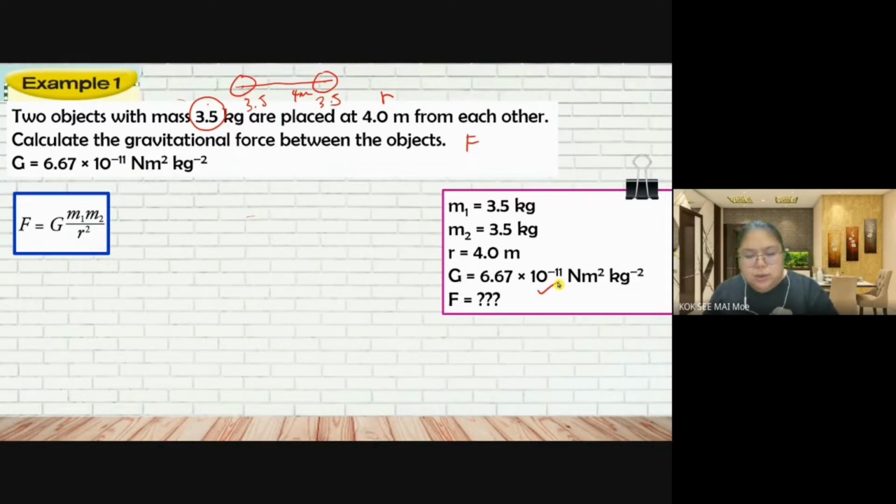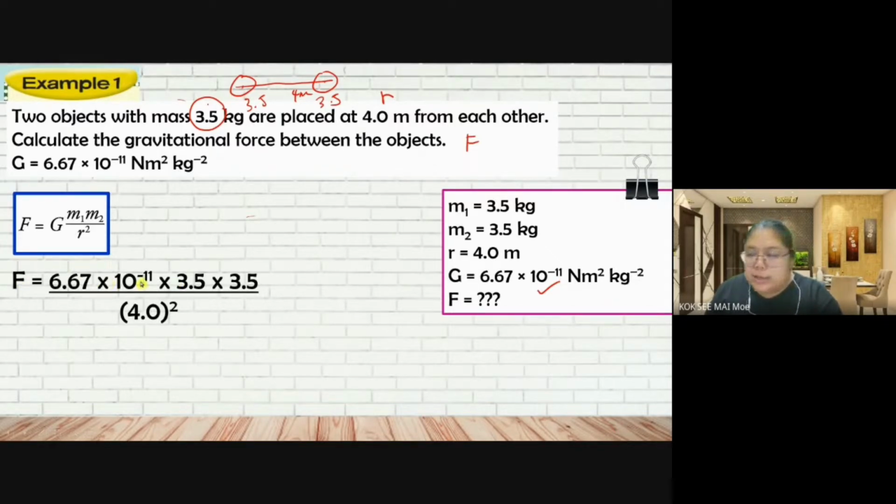I think this is your question paper, example question 1, you can write from there. I show everything here, the calculation, 3.5, 3.5. Remember, many students forget this square. They just put 4. So remember, must square. When you lose this mark, the following is wrong already. So we put square, so it becomes 16.